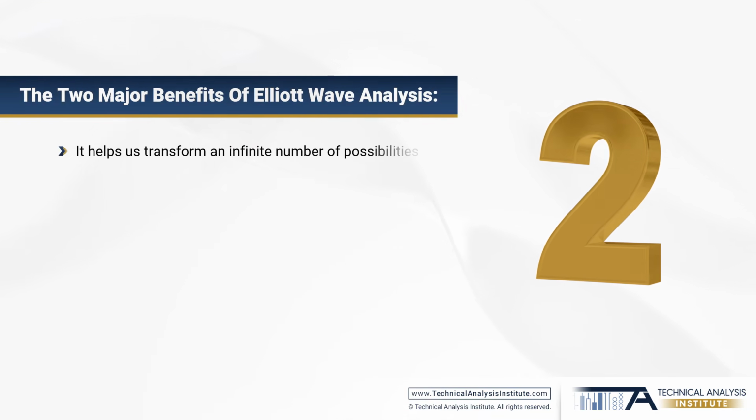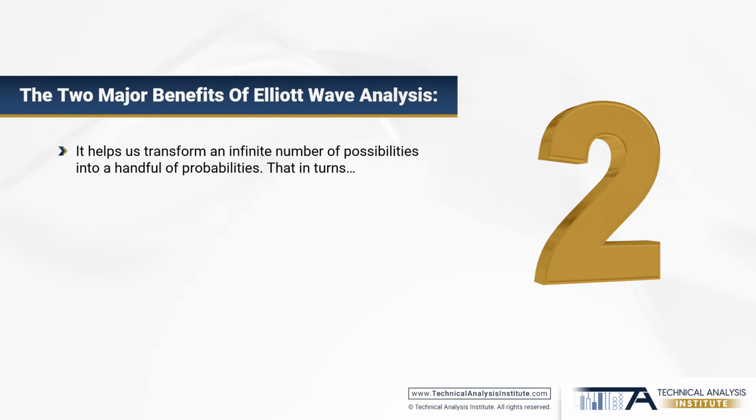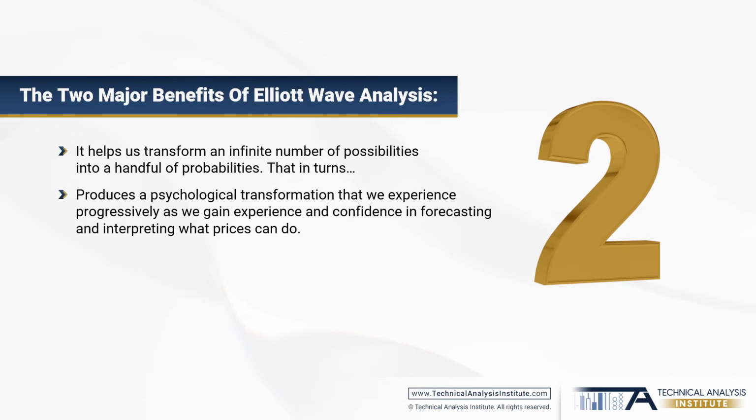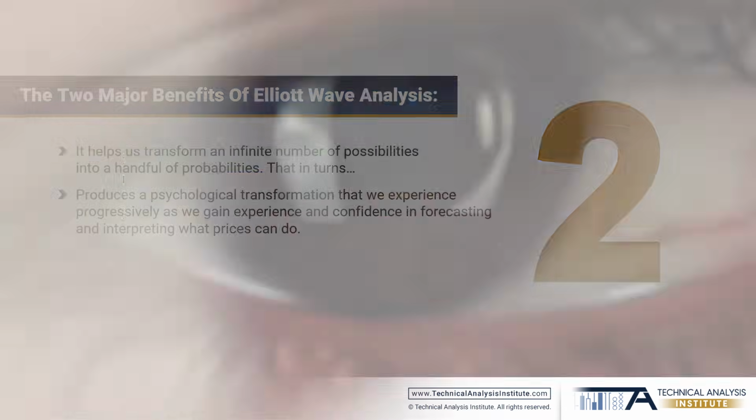Now, before we move on, let's talk about the two major benefits of Elliott wave analysis. First, it helps us transform an infinite number of possibilities into a handful of probabilities, and that in turn produces a psychological transformation that we experience progressively as we gain experience and confidence forecasting and interpreting what prices can do.